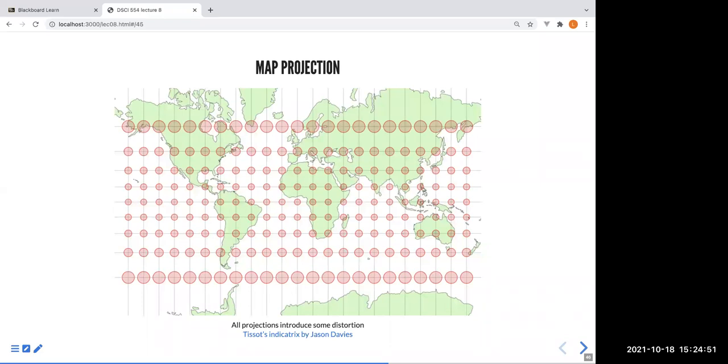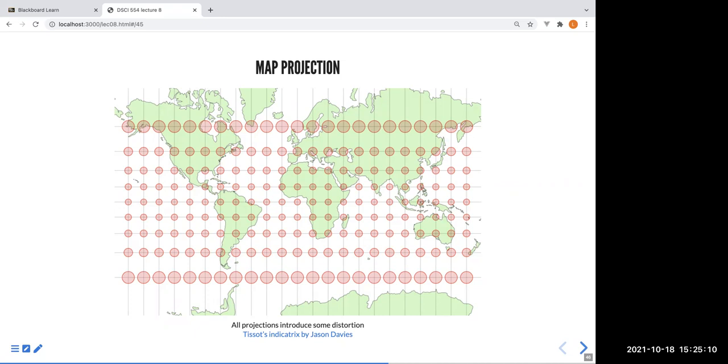And the reason for this is that you take your ellipsoid and you need to unwrap it and put it on a 2D surface. That process is the projection. And by doing that, you create some distortions.